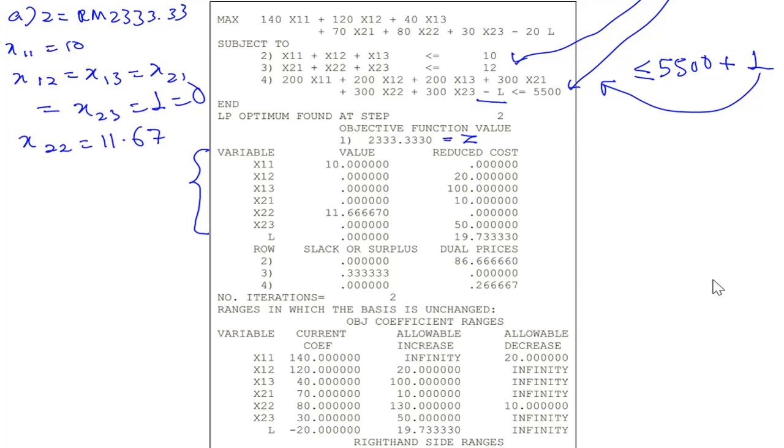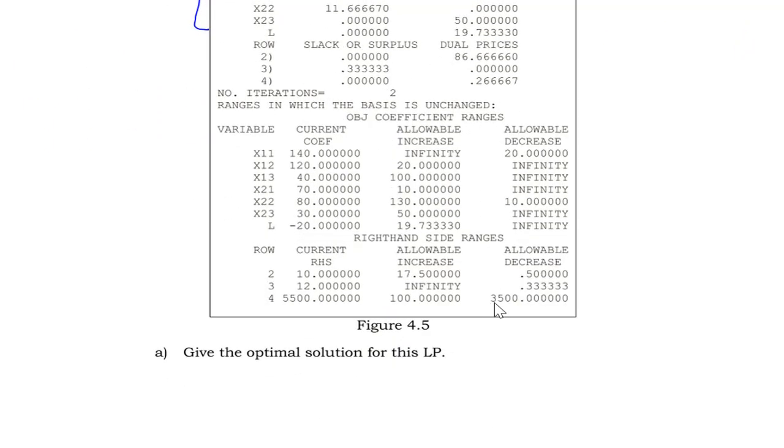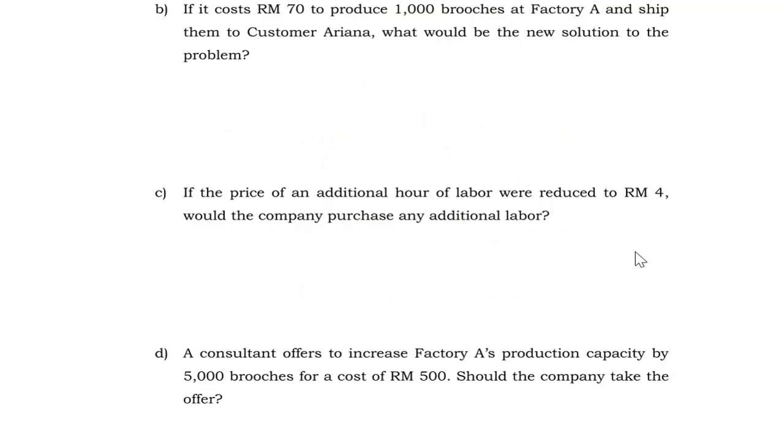So for part B, if it costs 70 ringgit to produce 1000 brochures at factory A and ship them to customer Ariana, what would be the new solution to the problem?